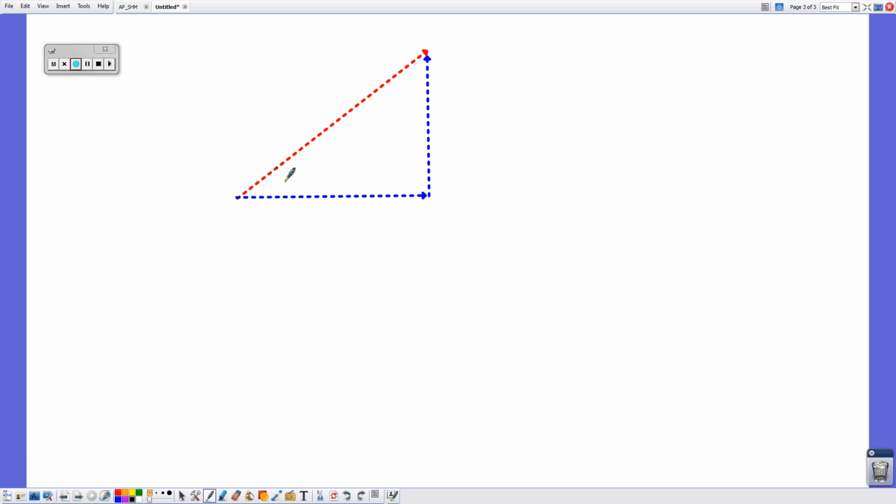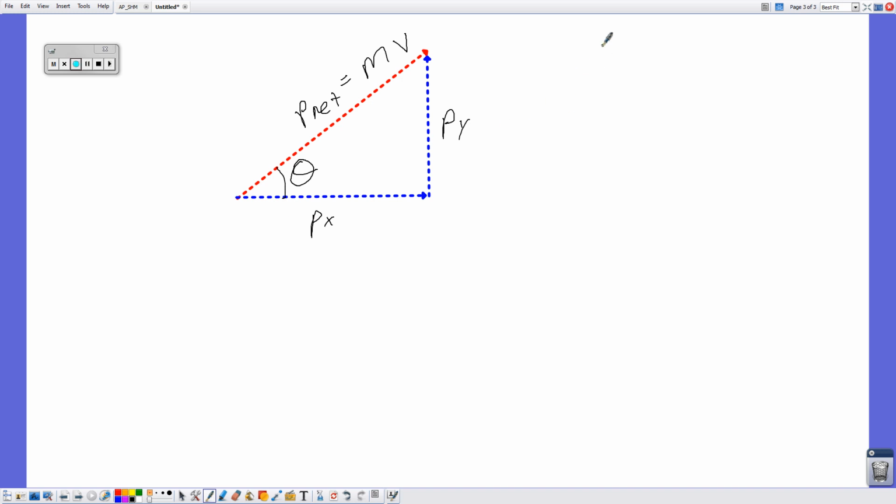Stuff you know: this is some angle represented by the Greek letter theta. This is your net momentum, this is your y momentum, this is your x momentum. Where, remember, your net momentum is equal to the total mass times the velocity at this point. Now, what are these things equal to?